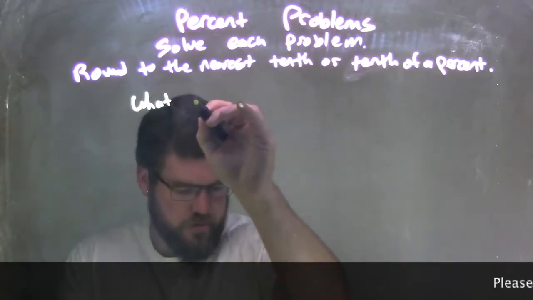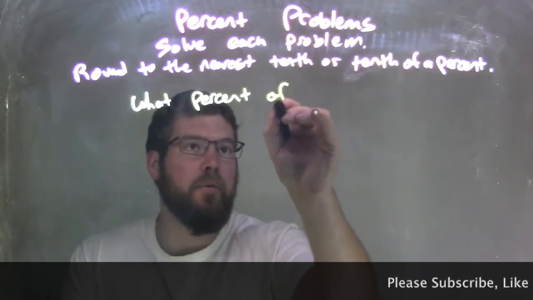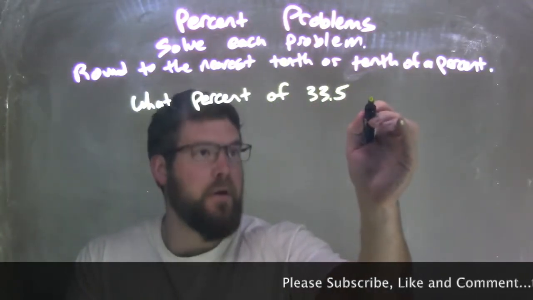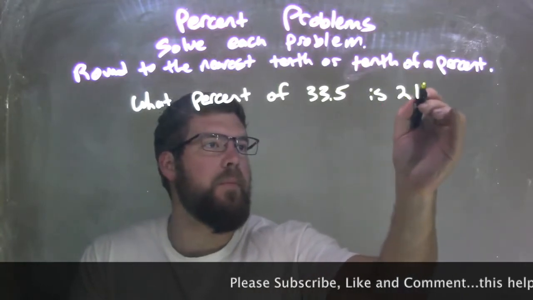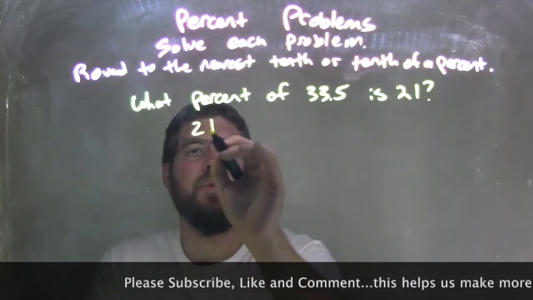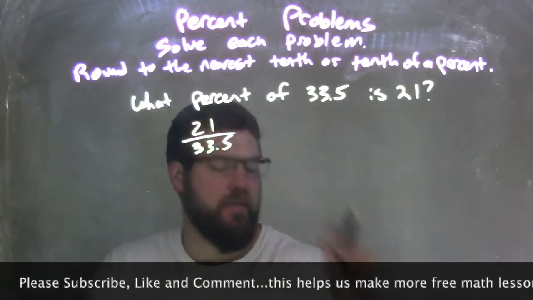What percent of 33.5 is 21? Well, I would take that 21 and divide it by the 33.5.